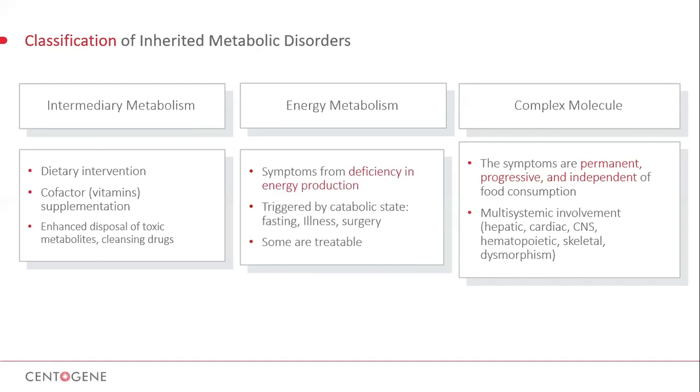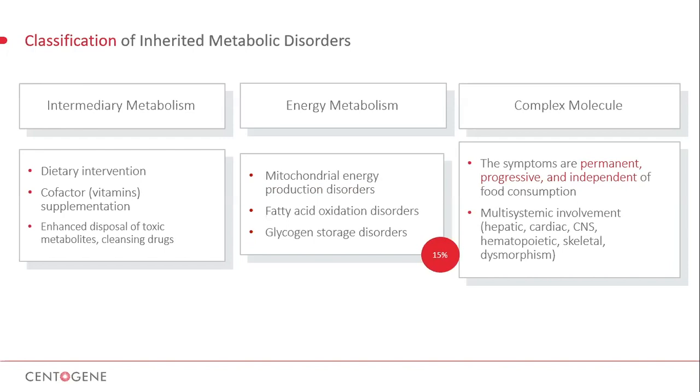And for the energy metabolism disorders, the symptoms arise from the deficiency in energy production. Here the clinical picture may be triggered by catabolic states like those after fasting, and some of them are treatable. If we consider that mitochondria are the main organelle involved in energy production, and that fatty acids and carbohydrates are the main sources of energy from the diet, then we can understand why those disorders affecting the mitochondria, fatty acid oxidation or carbohydrate management are classified here.